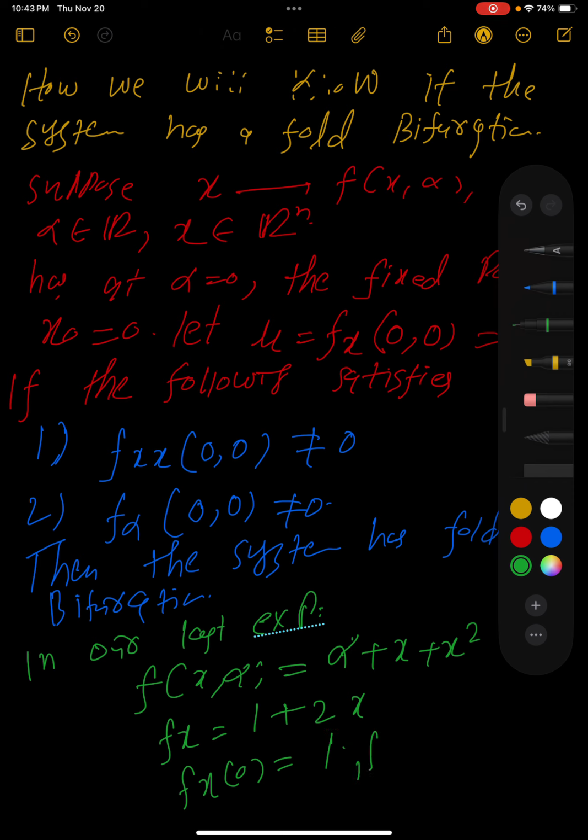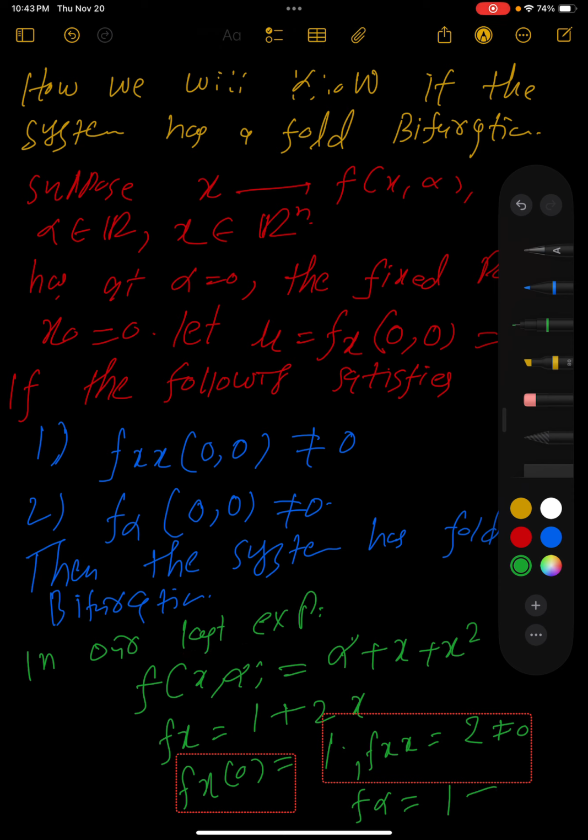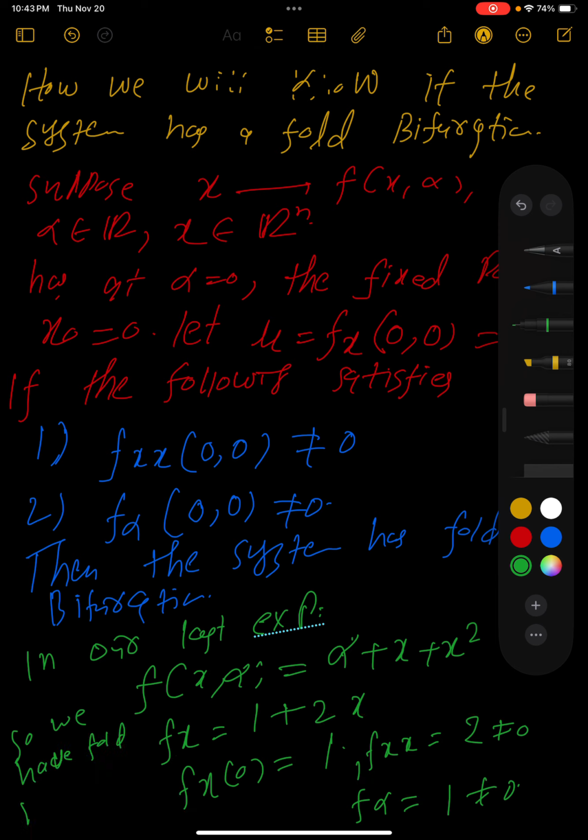So if we take the second derivative, this is 2 and it is not 0, and also f_alpha is 1, this is also non-zero. So we have a fold bifurcation. Okay, so that's how we use this theorem.